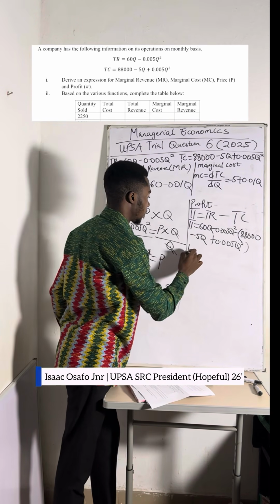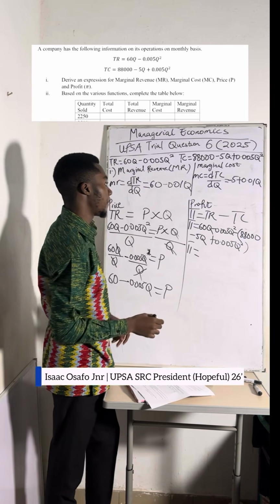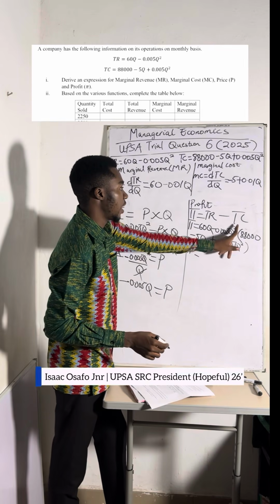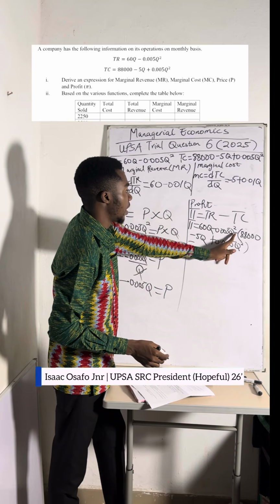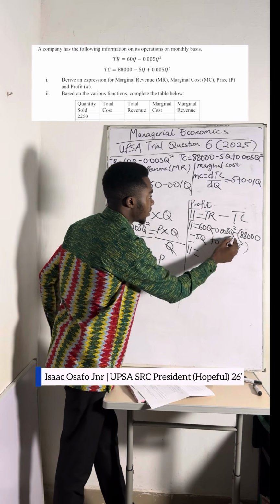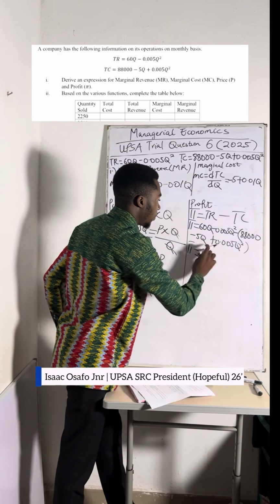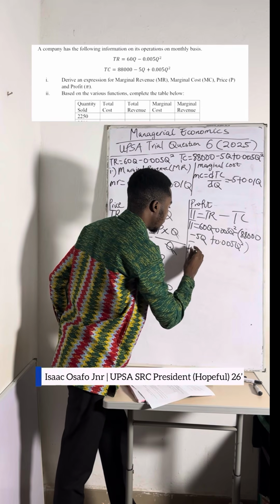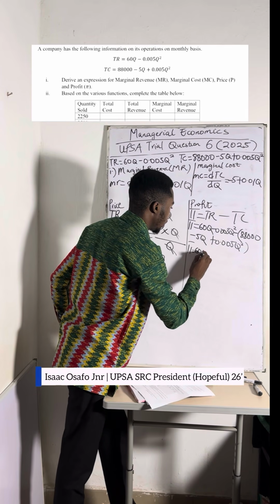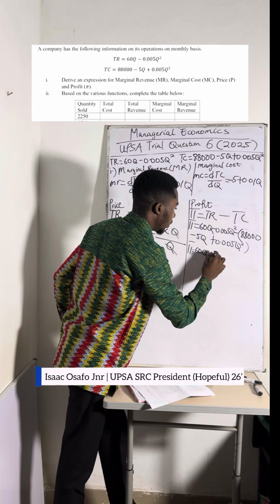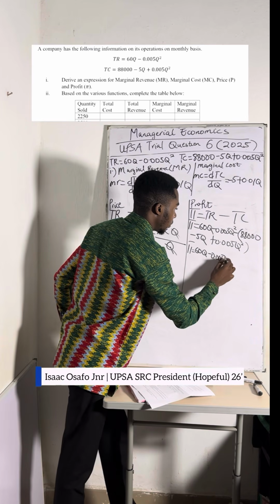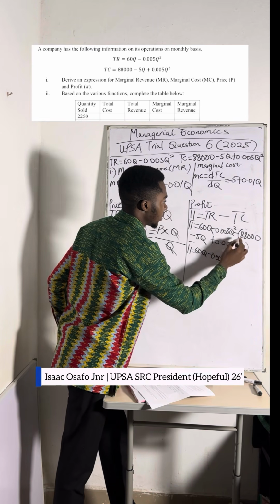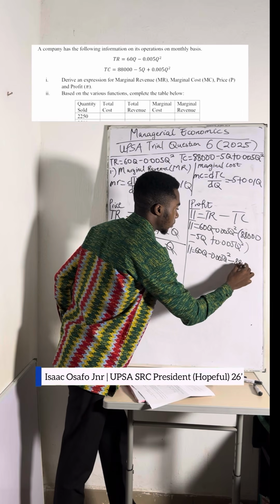So now let's make the minus sign multiply everything in the bracket, because the minus is affecting everything in the total cost. So you are going to get 60Q minus 0.005Q squared, then minus 88,000.